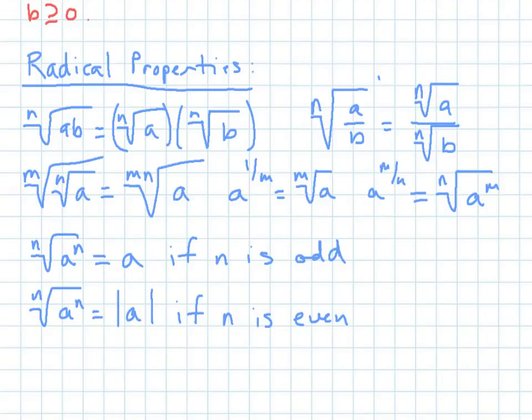So n has to be even, you can only get the positive. Up here, you can have a negative power, and that won't really change anything, okay? Because, let's say you have the cube root of negative 27 cubed, then the cubes cancel each other out, and you're left with negative 27, so that's okay to have.